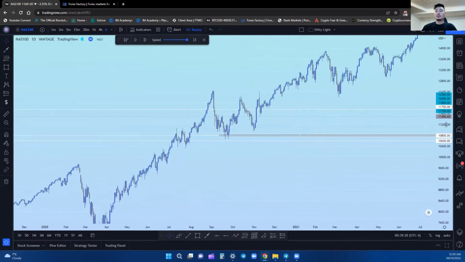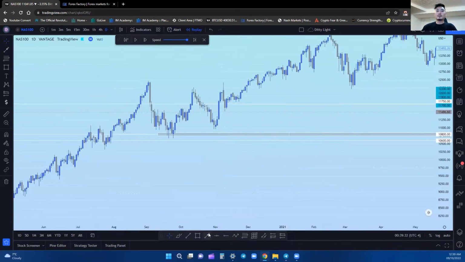As you can see, previous demand zone. What I mean by that is when previously, before it reached this area, we were able to push it up, right? So potentially, if we get back to this area, the price can shoot up again.